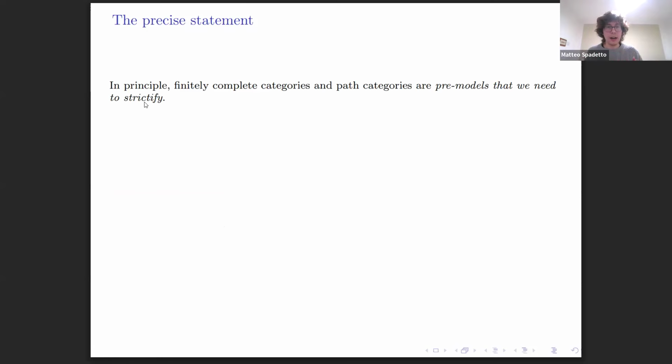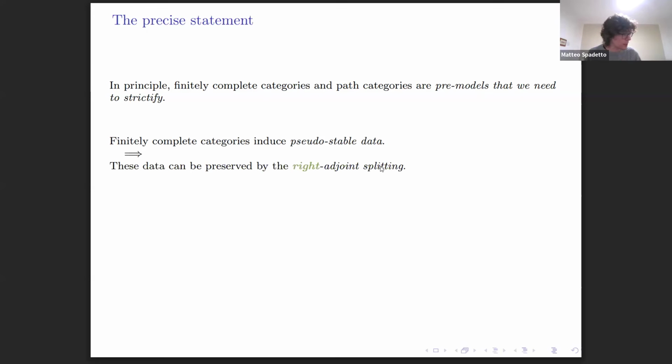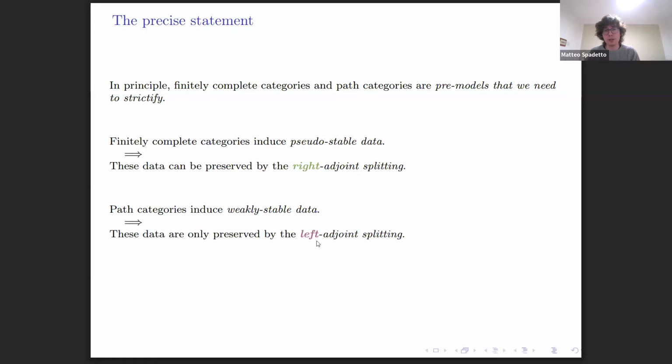Okay, now, in principle, as we said during this talk, finitely complete categories and path categories are models that we need to strictify. Finitely complete categories, we are lucky because they induce pseudo-stable data that can be preserved by the right adjoint splitting. While path categories induce weakly stable data, and weakly stable data are only preserved by the left adjoint splitting.